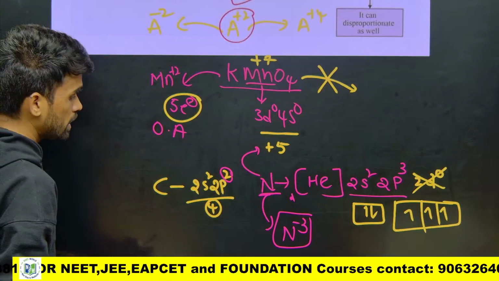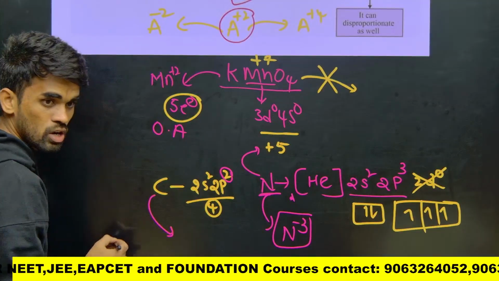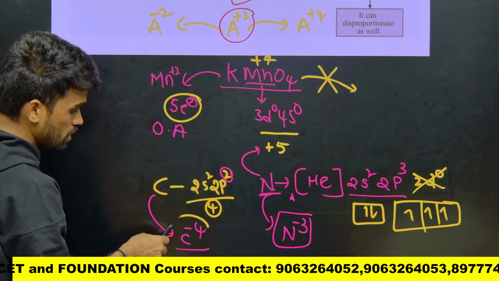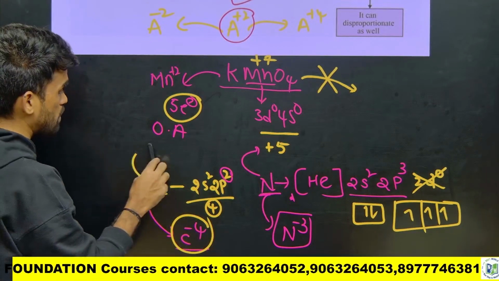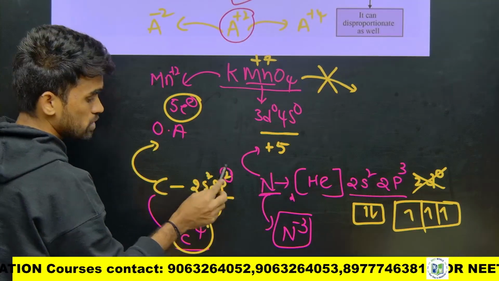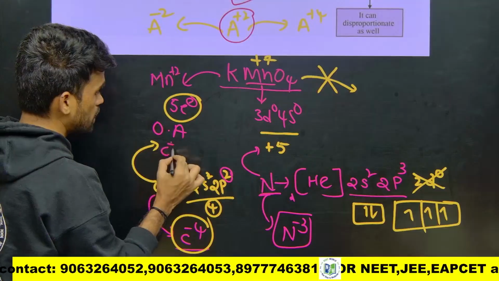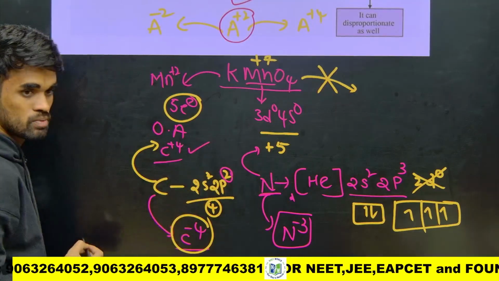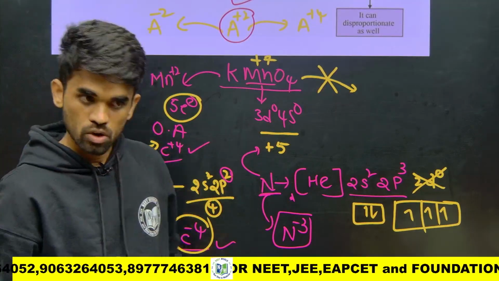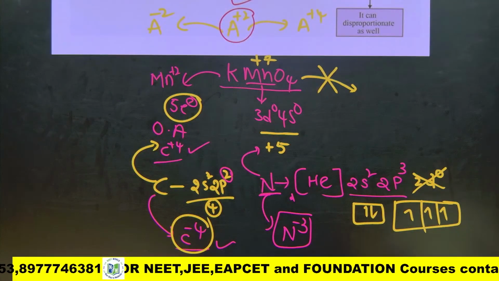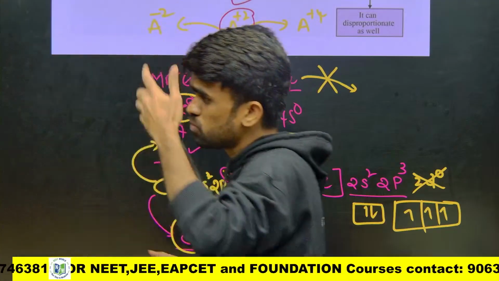So it has the capability to gain 4 electrons and become minus 4. This is the minimum oxidation state. Now its maximum oxidation state: it has 2 plus 2, 4 electrons, and it can lose all 4 and become C plus 4. This is the maximum and that is the minimum oxidation state. Hope it is clear? Okay, let us move further.